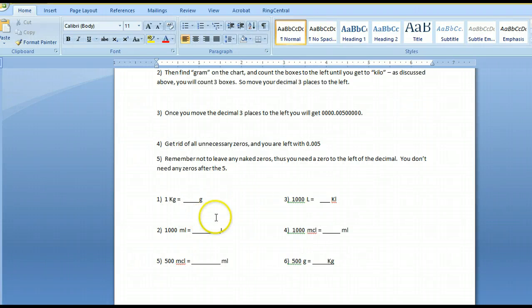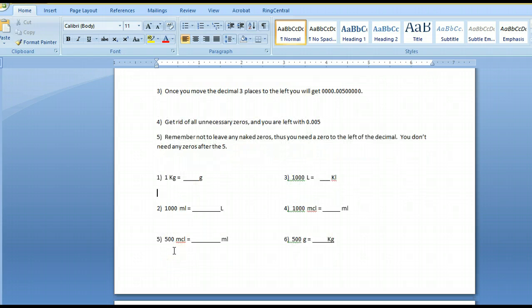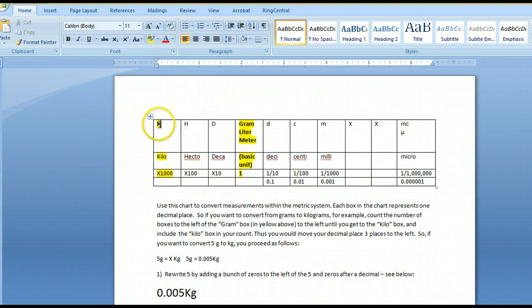Let's work a couple of these problems. I'm going to leave some of these for you guys to practice on. Let's do number 5 here. Now I'm going to go back. I want to get rid of my highlights so we don't get confused.